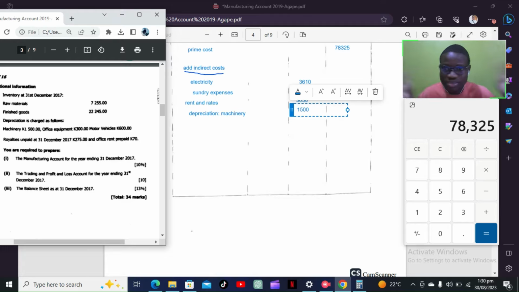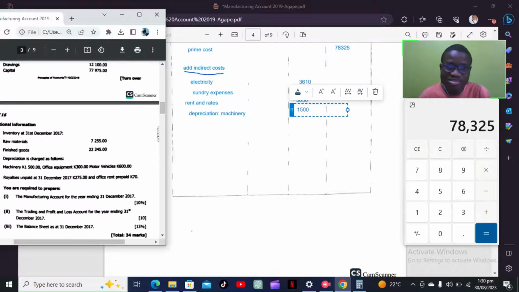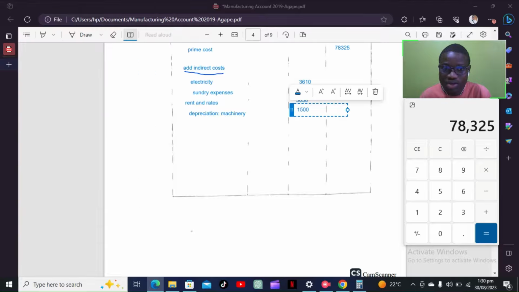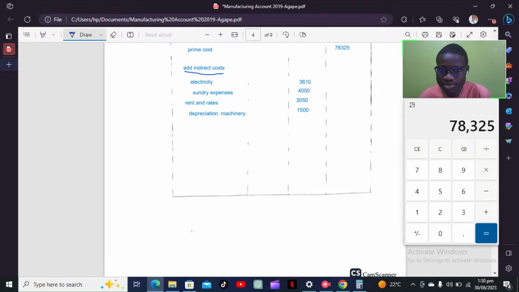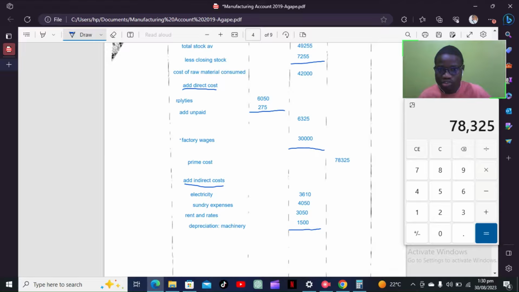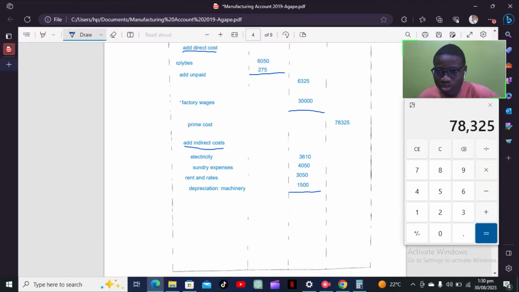Now what we need is just adding. That's all. Don't be confused. So we've entered everything concerning the factory. Now we're going to add these indirect costs. When we add our indirect costs, let's start with the one on top.